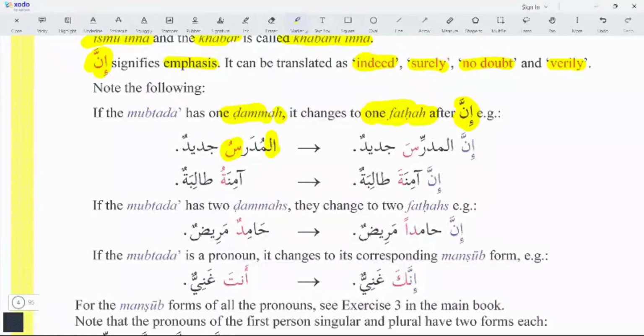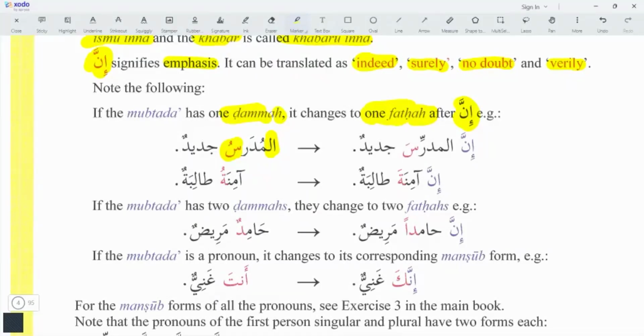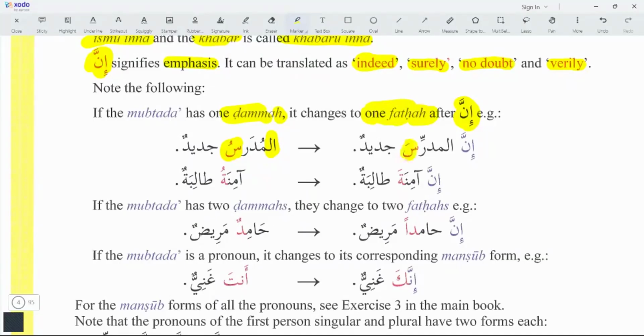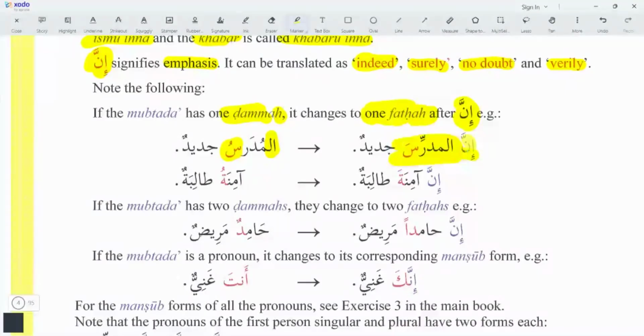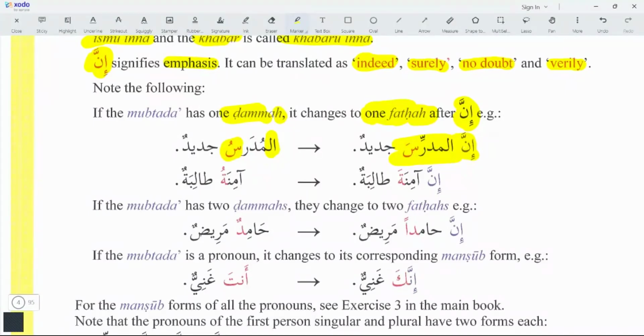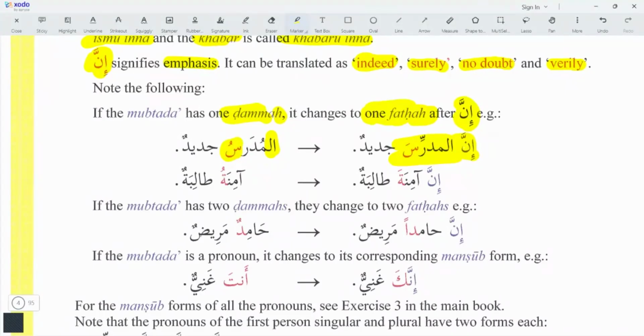When we use inna in this sentence, it will change into al-mudarrisa. Single dhamma will change into single fatha. Innal mudarrisa. Al-mudarrisu jadidun, the teacher is new. Innal mudarrisa jadidun, indeed the teacher is new.